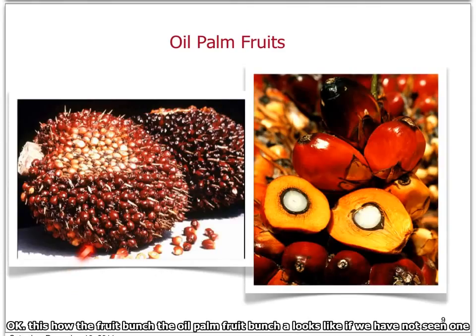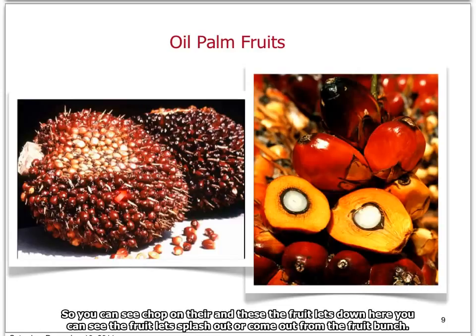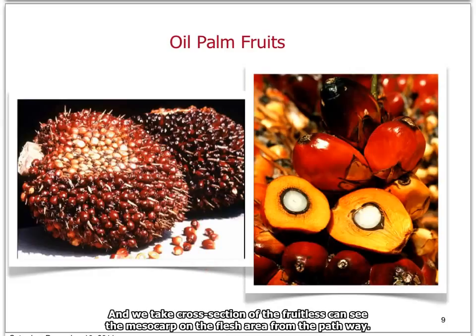Okay, this is how the oil palm fruit bunch looks if you have not seen one. You can see there's a sharp thorn there, and these are the fruitlets. Down here you can see the fruitlets stripped out or come out from the fruit bunch. If we take a cross section of the fruitlets, you can see the mesocarp or the flesh area.